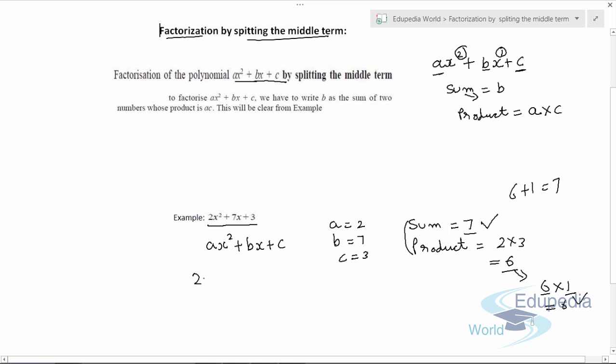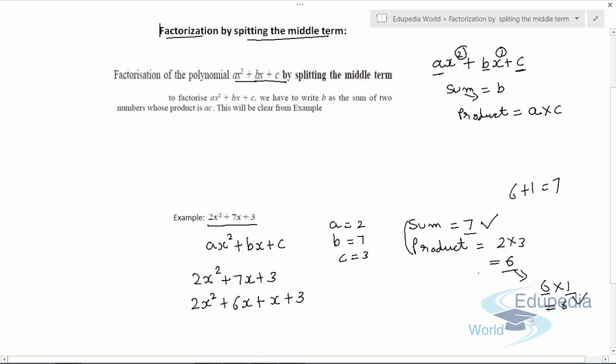So we can write 2x square plus 7x plus 3 as 2x square plus 6x plus x plus 3. Let me explain once again. We have product 2 into 3. We have to break the product in such a way that the multiplication of two numbers gives the product and the sum of the two numbers gives the sum.